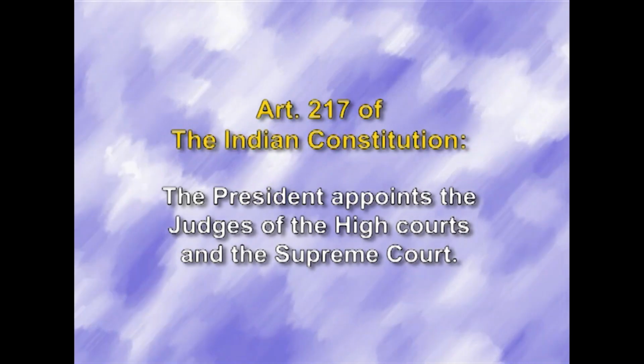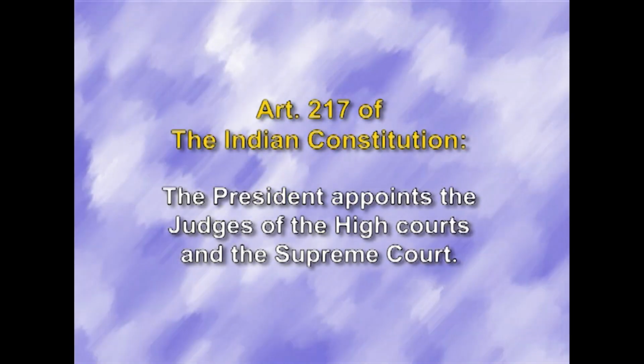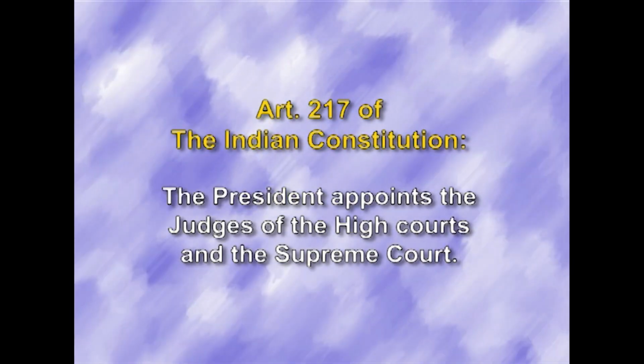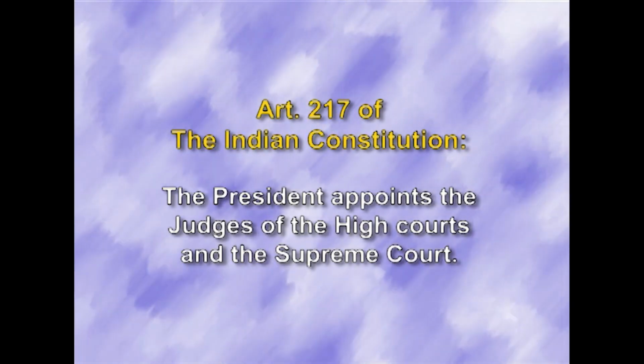The Constitution lays down in 217 that the President appoints the judges of the High Courts as well as of the Supreme Court. While appointing the judges, he must consult some constitutional functionaries.